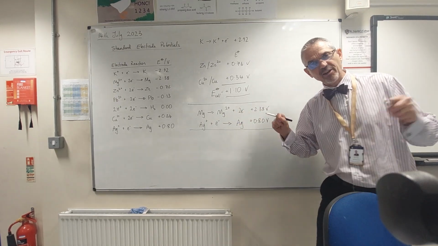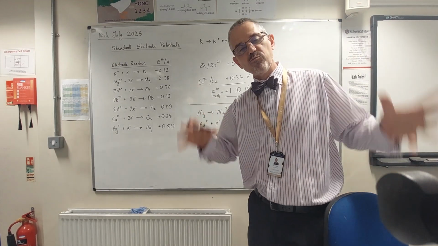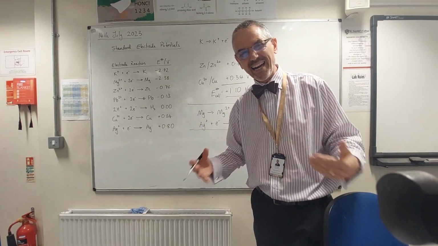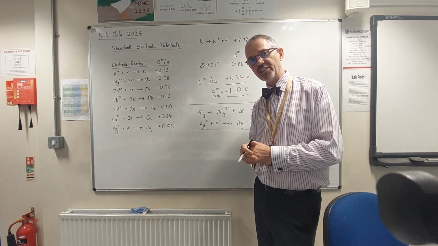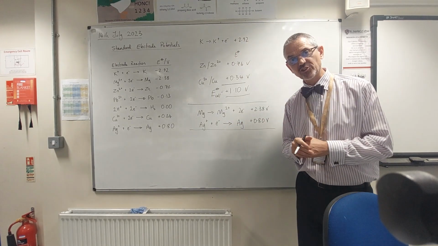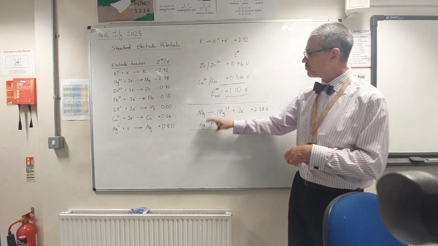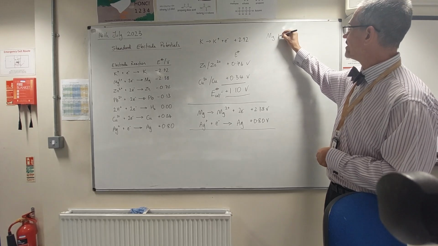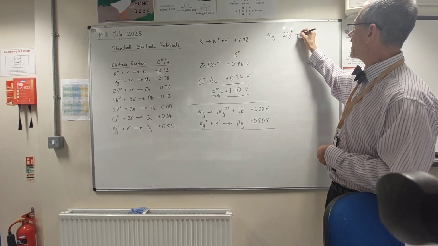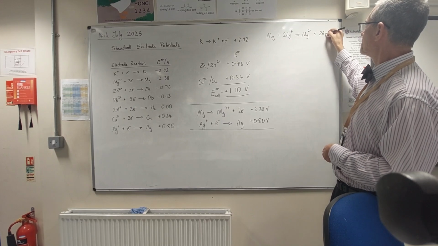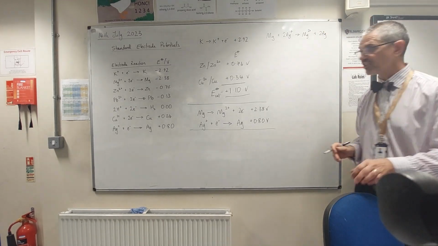And if there's anything I've drilled into you over the years of writing redox overall equations, or combining 2 redox half equations together, we need to balance the electrons. So if this reaction was happening, I would have to have magnesium and 2 silver ions reacting to make 1 magnesium ion and 2 silvers. That will be the overall reaction equation.